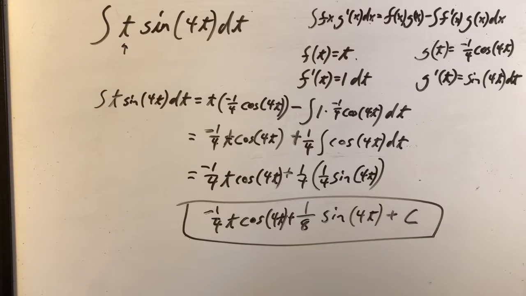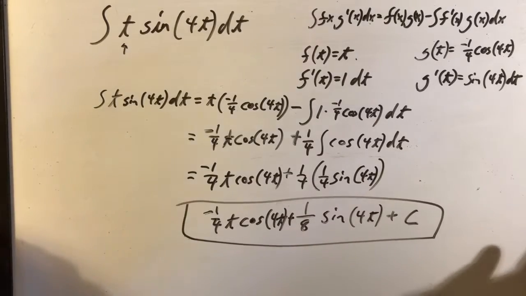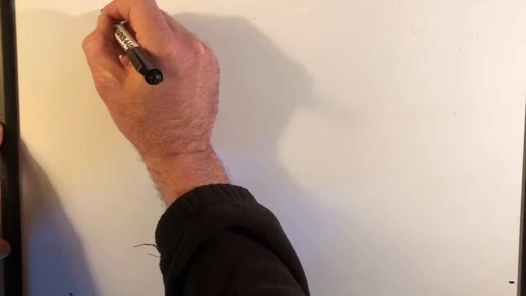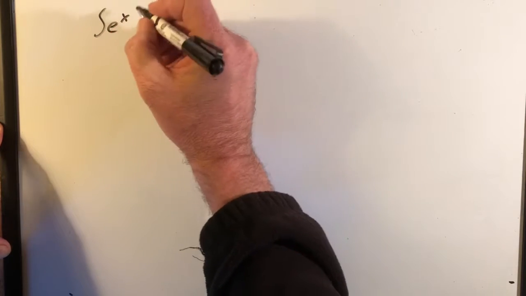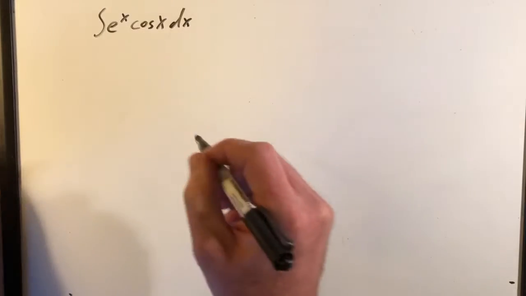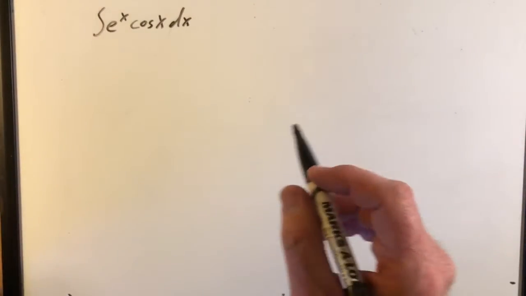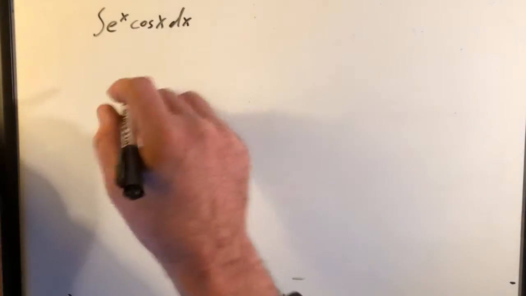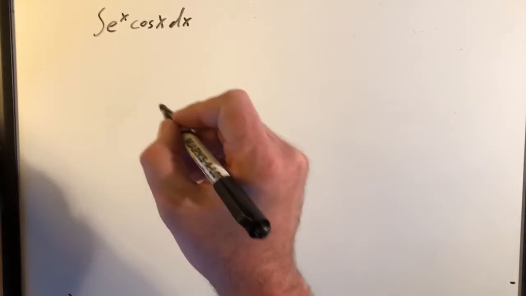But real quick, I want to show you an interesting phenomenon that happens if I say it wasn't a t in the front, say it was something like the integral of e to the x cosine x dx. Now, the one textbook I was looking at has this as an example, except with a sine in there.